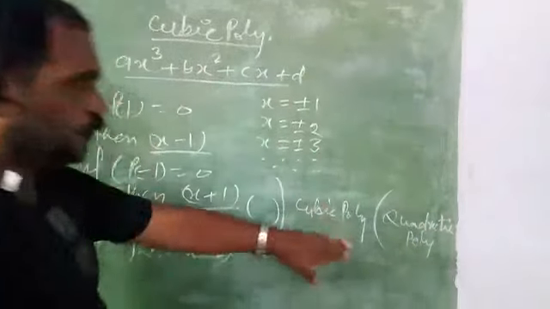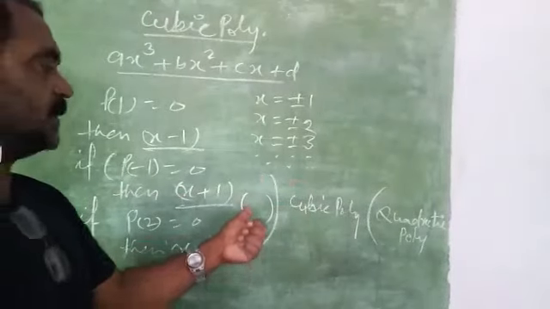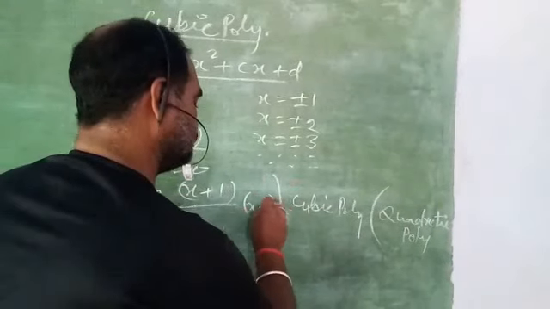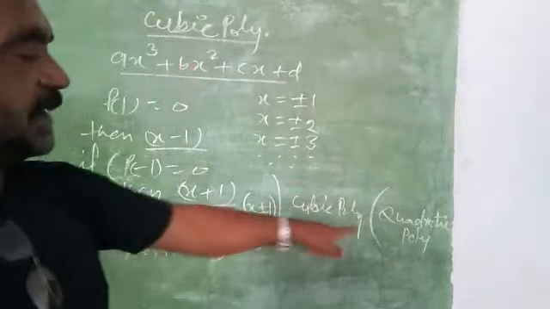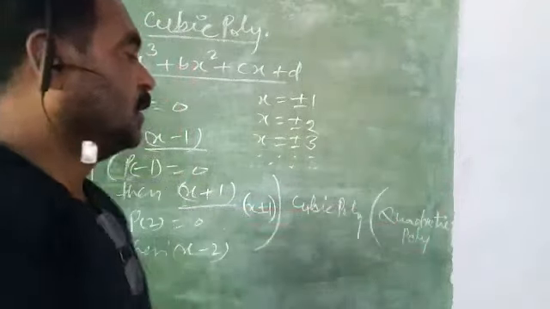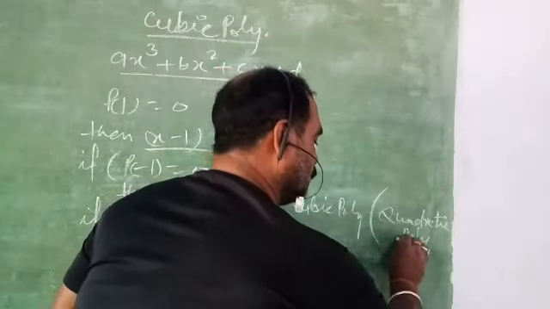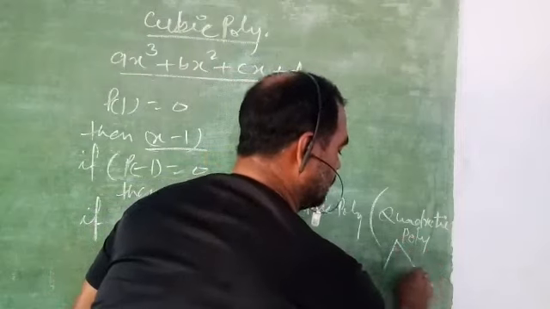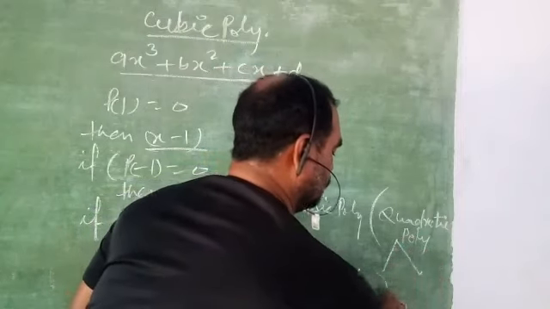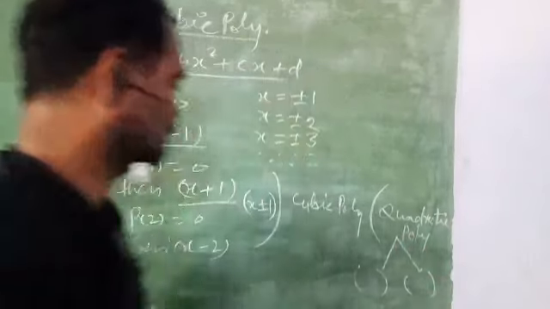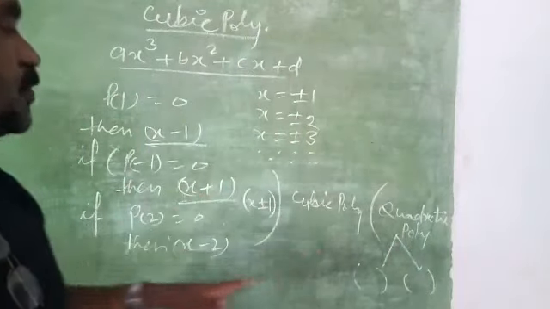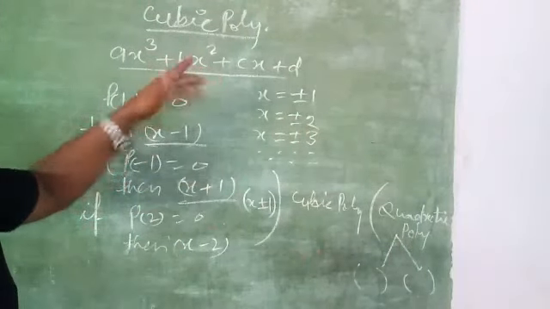When a cubic polynomial is divided by a linear polynomial, we will get a quadratic polynomial. In the quadratic polynomial, we can use again the middle term splitting, and we will get again two factors. By this process, we can factorize a cubic polynomial.